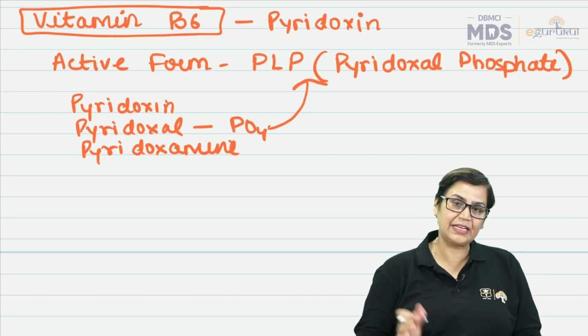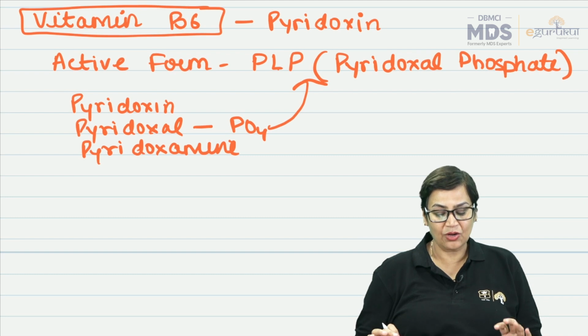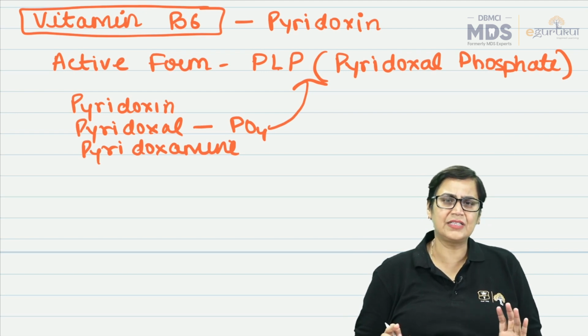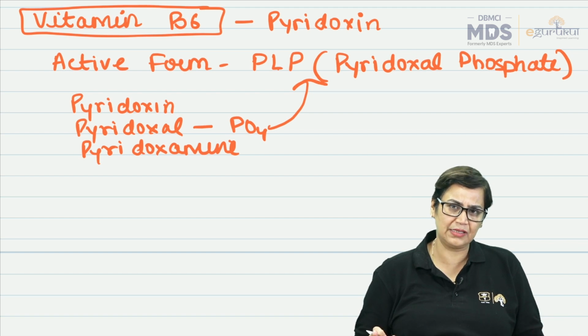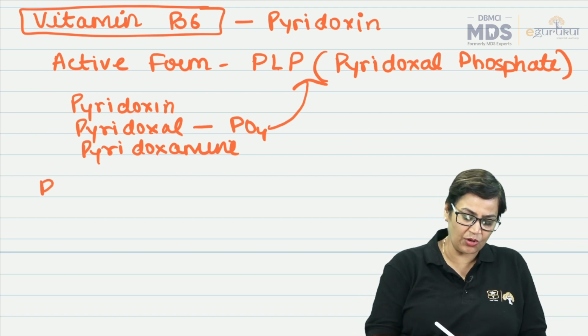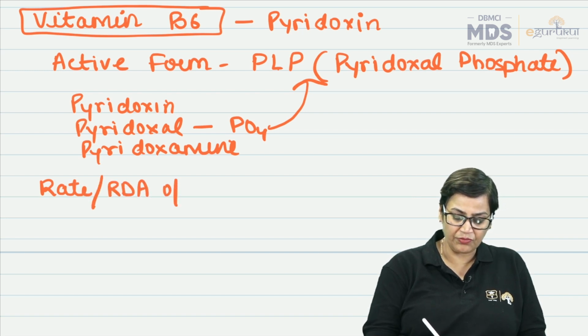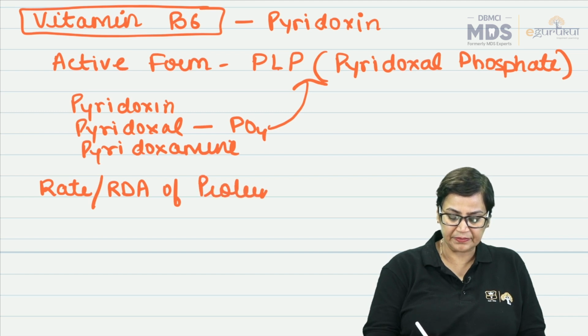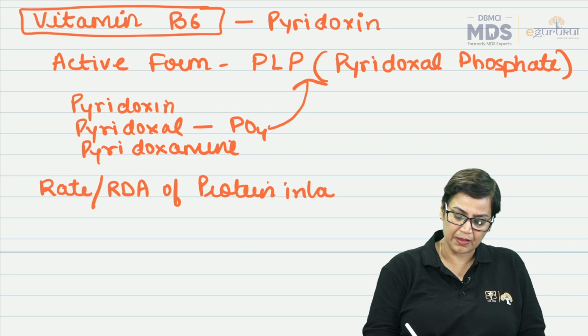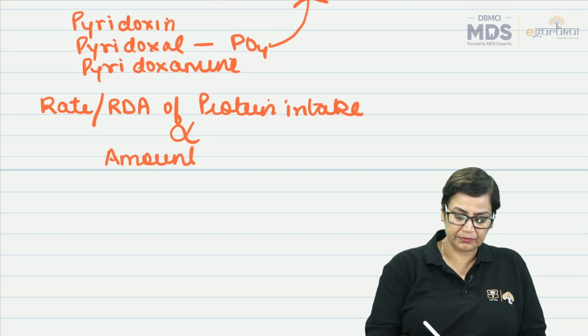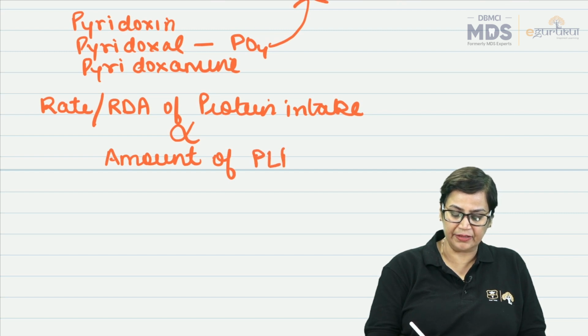Now, after the active form comes the functions. This PLP is a very, very important vitamin which is directly linked to the metabolism of amino acids. And we say that the RDA of protein intake is directly proportional to the amount of PLP taken.